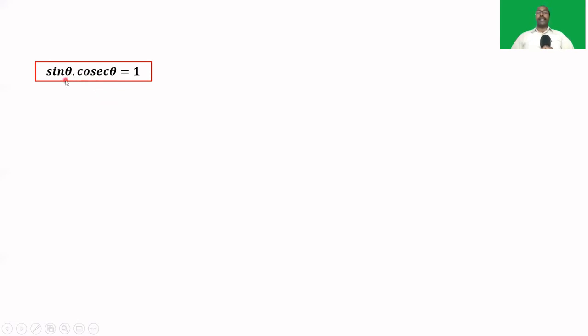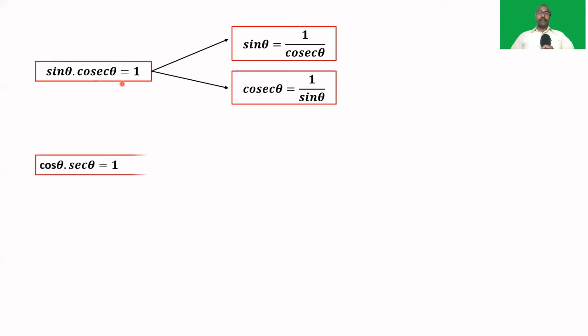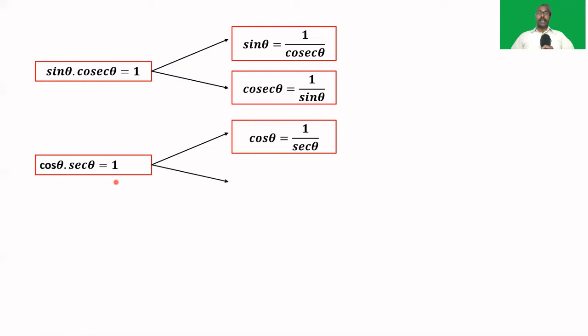From this we can write sin theta is equal to 1 by cosec theta, as well as cosec theta is equal to 1 by sin theta. We also know cos theta into sec theta is equal to 1. From this we can write cos theta is equal to 1 by sec theta, and sec theta is equal to 1 by cos theta.